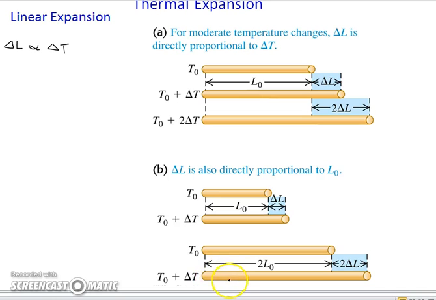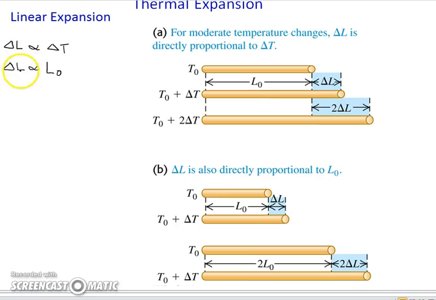You will see that if your original length is twice the previous one, for the same change in delta T, your change in length is also twice, although the temperature increase was the same. So from here we can conclude that change in length is also proportional to your original length, what length you started with.